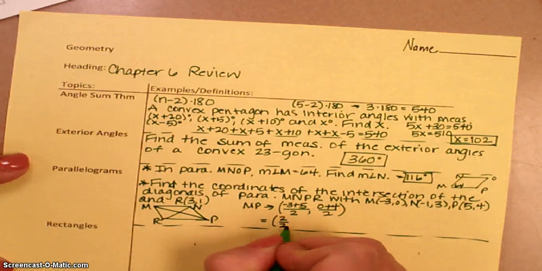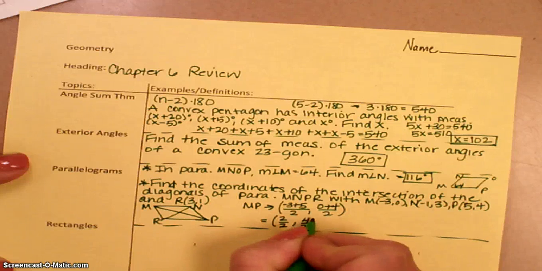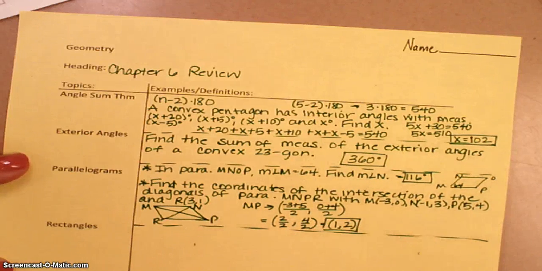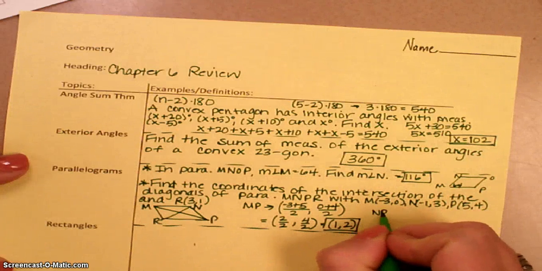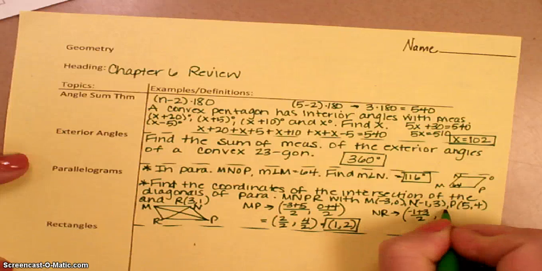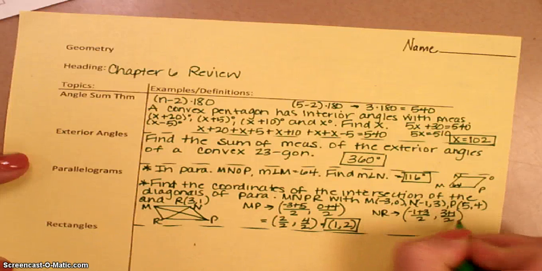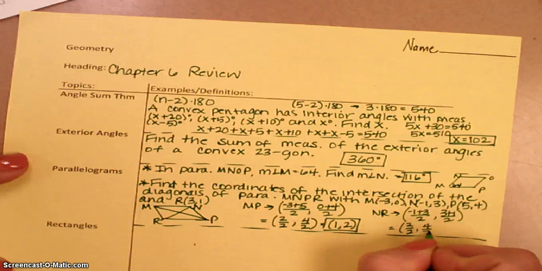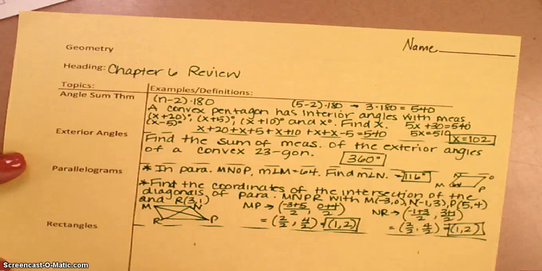So 2 over 2 and 4 over 2, we get (1, 2). Okay, now watch. What if I use the other diagonals? So I want to find the midpoint between N and R. So negative 1 plus 3 over 2 and 3 plus 1 over 2. So we get 2 over 2, 4 over 2. Look at that. It doesn't matter. You can pick either one. Okay?